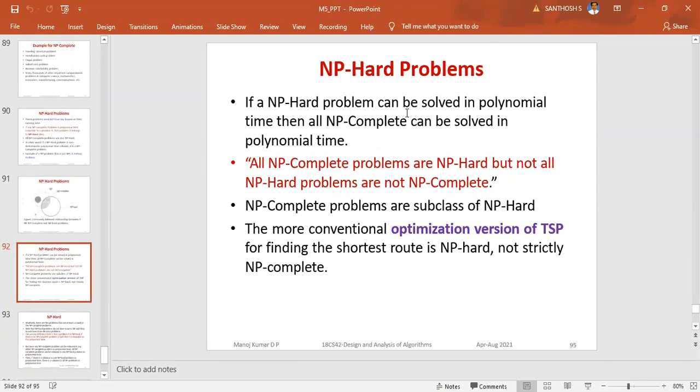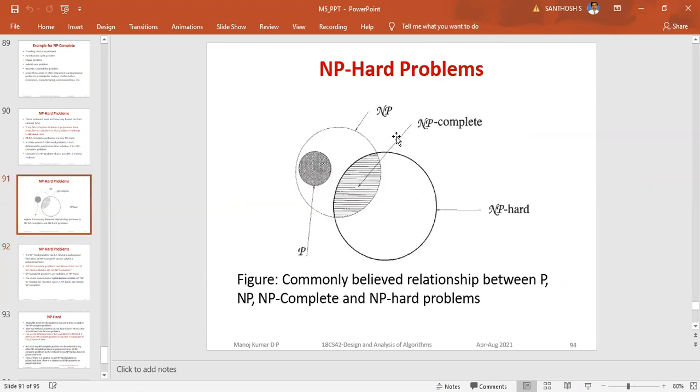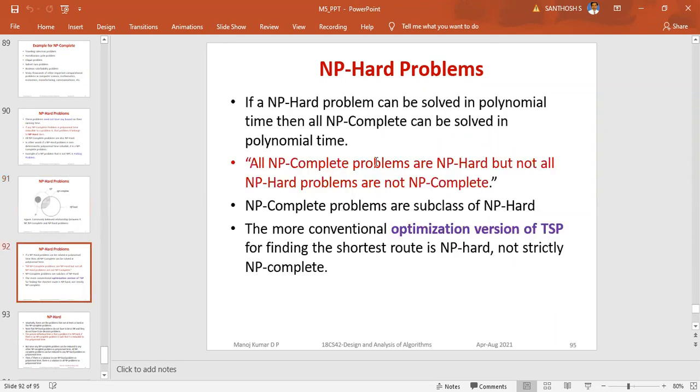Now you come to the NP-hard problems. If an NP-hard problem can be solved in polynomial time, then all NP-complete problems can be solved in polynomial time. Keep in mind, as you are getting the intersection, if NP-hard problems can be solved in polynomial time, NP-complete can also be solved in polynomial time.